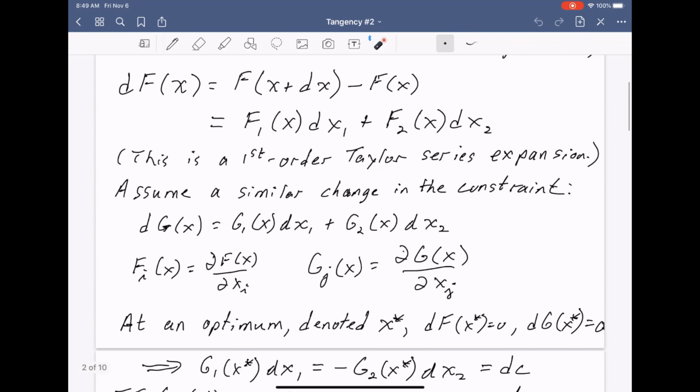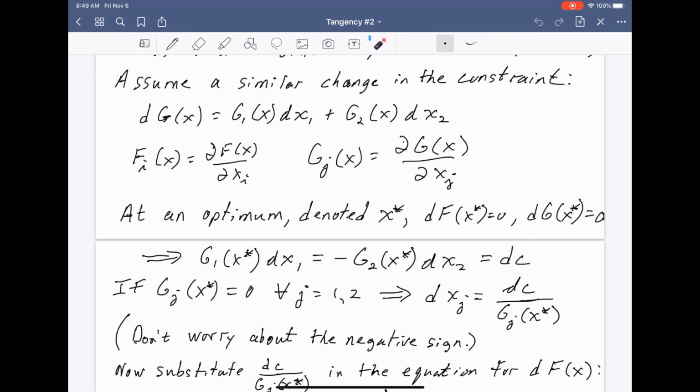And these are just explanatory, telling you that the subscript, in this case a j with the objective function and i with the constraint, is simply equal to the partial of that particular function at an optimum, which we denote by x star.